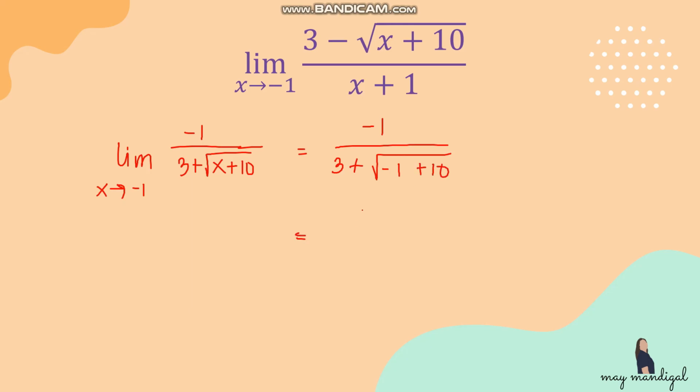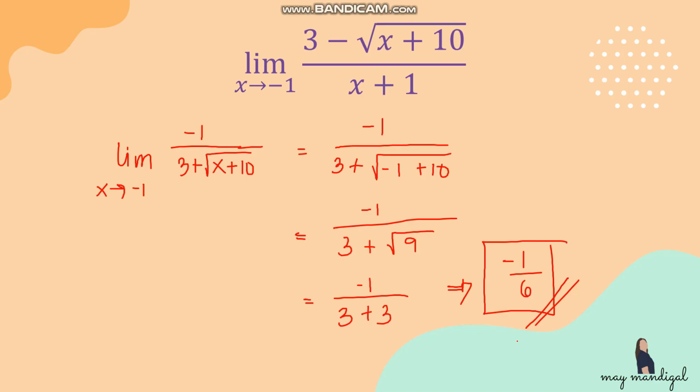This is just equal to negative 1 all over 3 plus the square root of 9, negative 1 over 3 plus 3, or negative 1 over 6. So that will now be the limit of the said function.